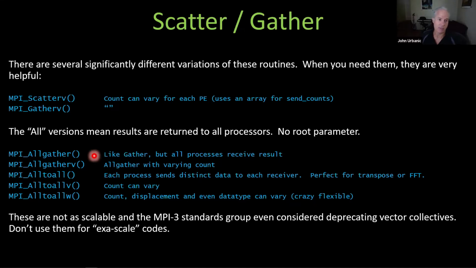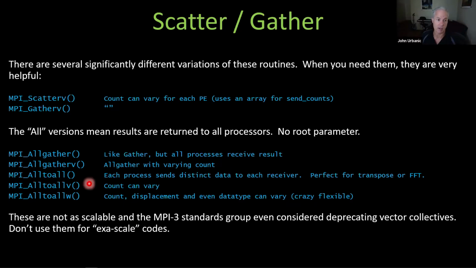Well, that's such a common thing to do that instead there's an all gather that does that in one step. It is not only more convenient for you as a programmer, but also more efficient, because the network can usually do smarter things than actually gathering it all and then broadcasting it. It can collect it so that it all ends up in the right place at the end in a more efficient fashion. But from the programmer's perspective, this is the equivalent of doing a gather and then a broadcast.